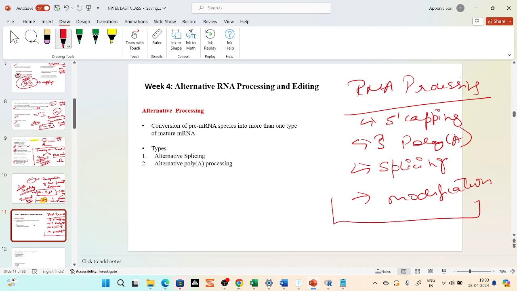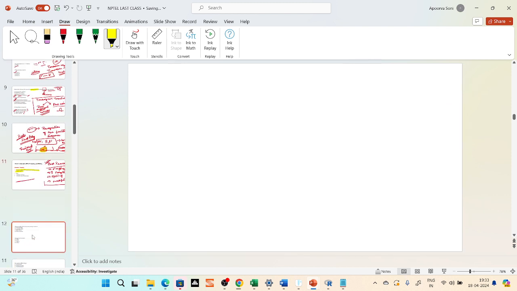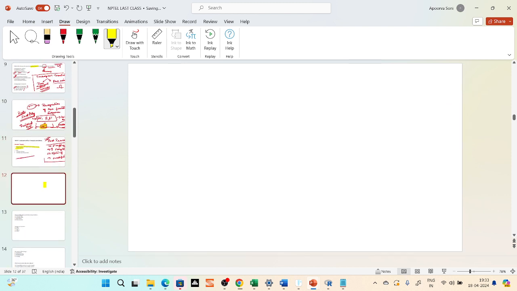But these are the normal types of events or methods of RNA processing. Alternative RNA processing means that the same pre-mRNA can be converted into more than one type of mature RNA. See, conversion of the pre-mRNA species into more than one type of mature RNA. How this can happen, we have already studied, but I'll just quickly recapitulate it.